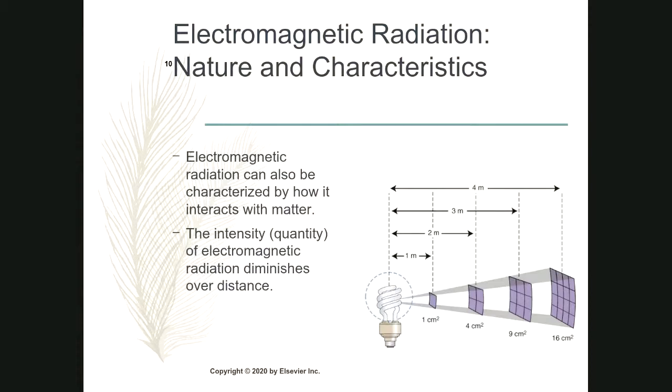When we look at some other nature and characteristics of electromagnetic radiation, it can be characterized by how it interacts with matter. When electromagnetic radiation interacts with matter, it tends to exhibit more characteristics of a particle, and that's dependent on its energy.